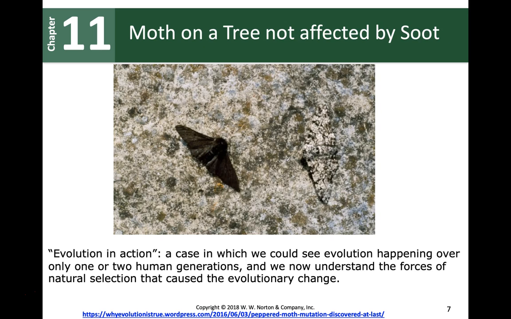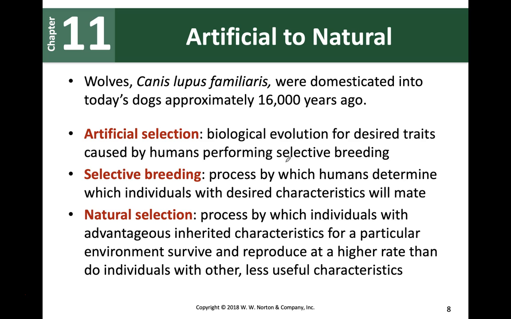Now let's go further and talk about how selection can be natural as well as artificial, especially when it comes to us human beings, how we have figured out artificial selection for our benefit, how we do selective breeding.